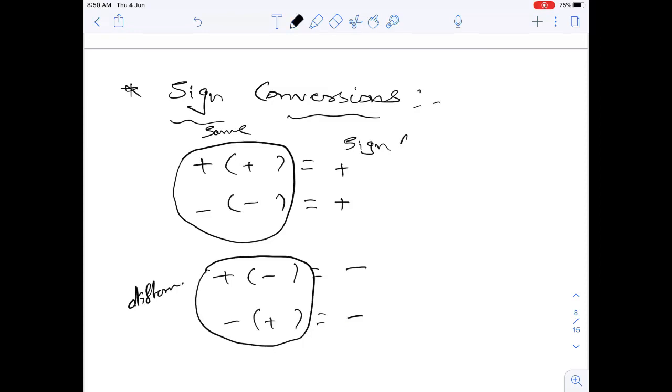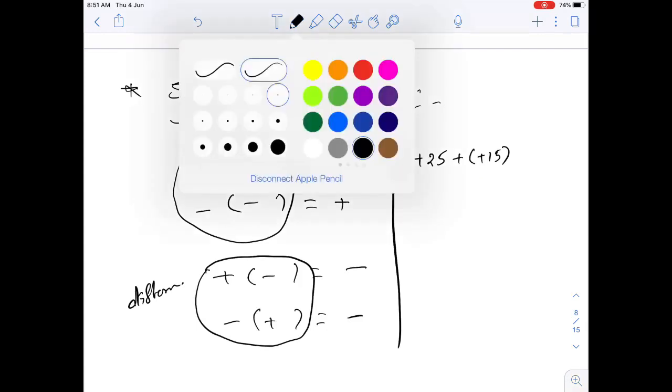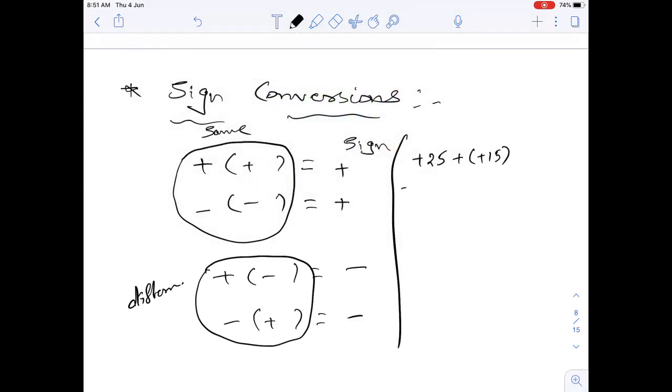Now let us learn some examples based on this. For example, suppose it is given plus 25 plus 15. Since both numbers are positive and positive is followed by positive, we will write it as equals to 25, and again plus is followed by plus, same signs, so we write plus.